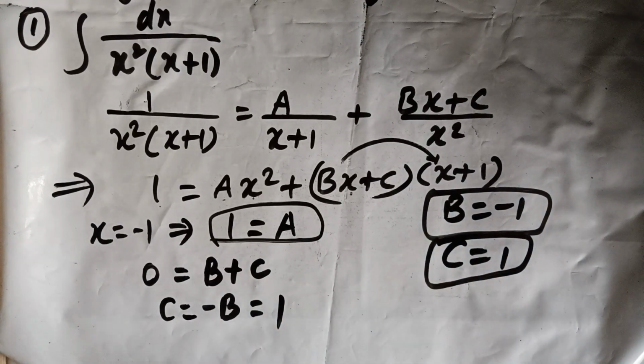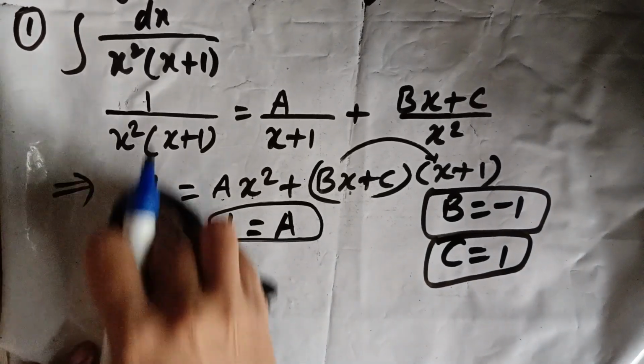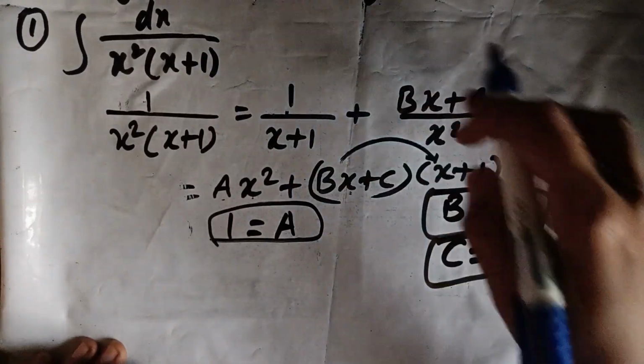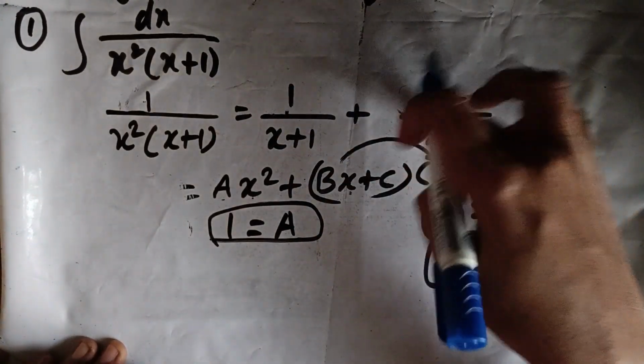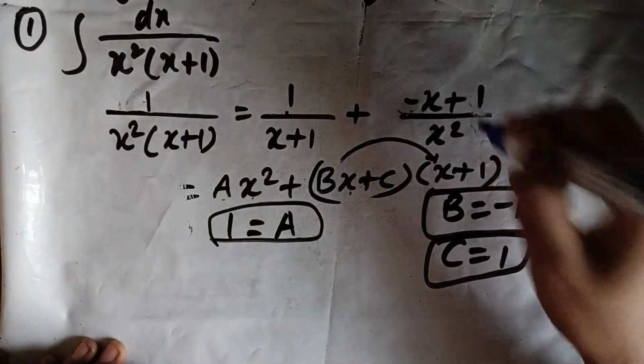So let's integrate substituting these values. A we got 1, B we got minus 1, C is 1.